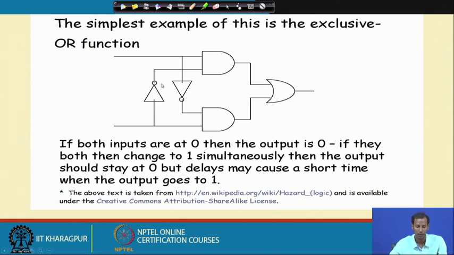What does that mean? When both are 0, this is 0. If now I change from 0 to 1, at that time what will happen? Sometime after, this will be coming to this and this will be coming to this. So this is changed to 1, and this value was 0. After that, this value is 1, whatever delay I am getting over here.